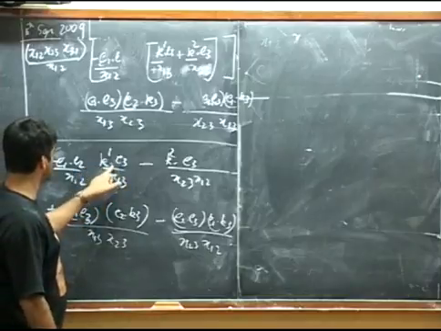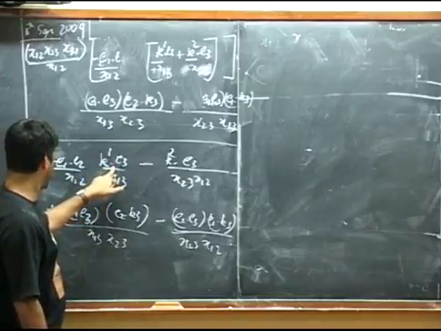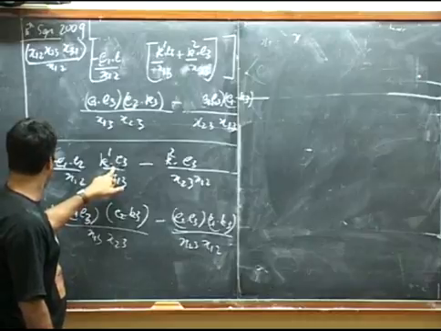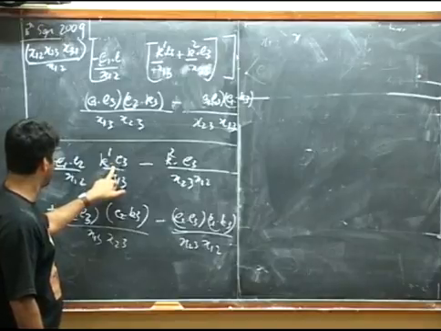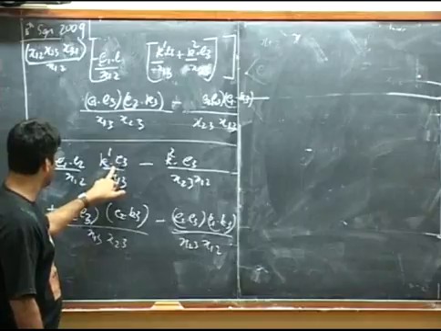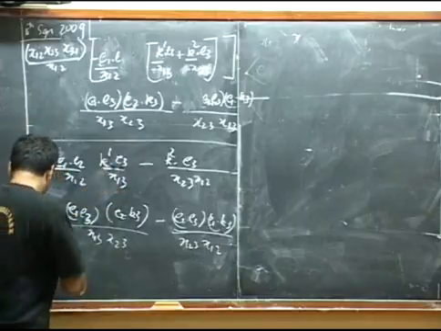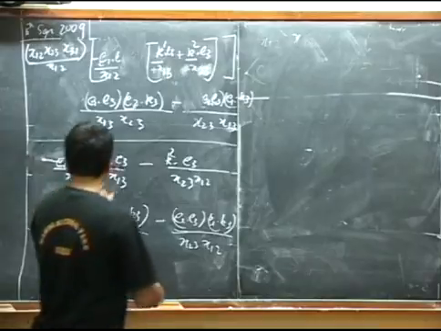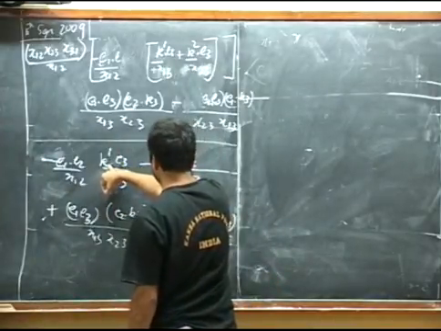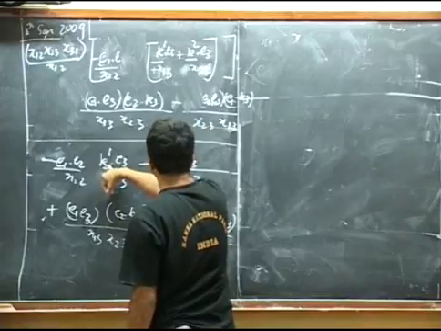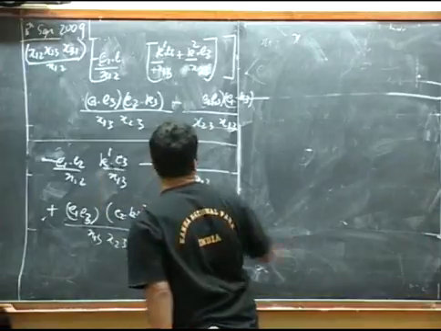So these 2 terms, if I combine these 2 terms, I'm getting 1 by x. So we can write each of these with the same sign as K1 minus K2 dot E3.